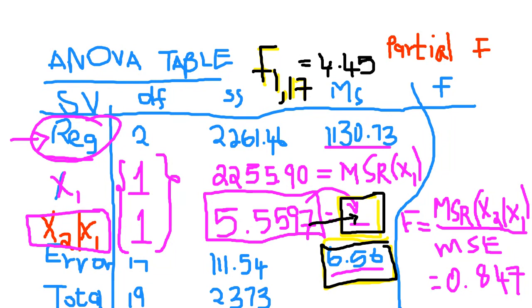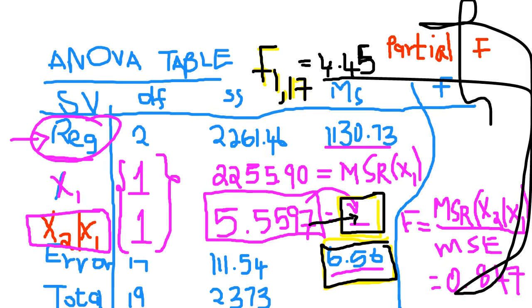Now, let's write the hypothesis. We have the ANOVA, the tabulated value and the calculated value.